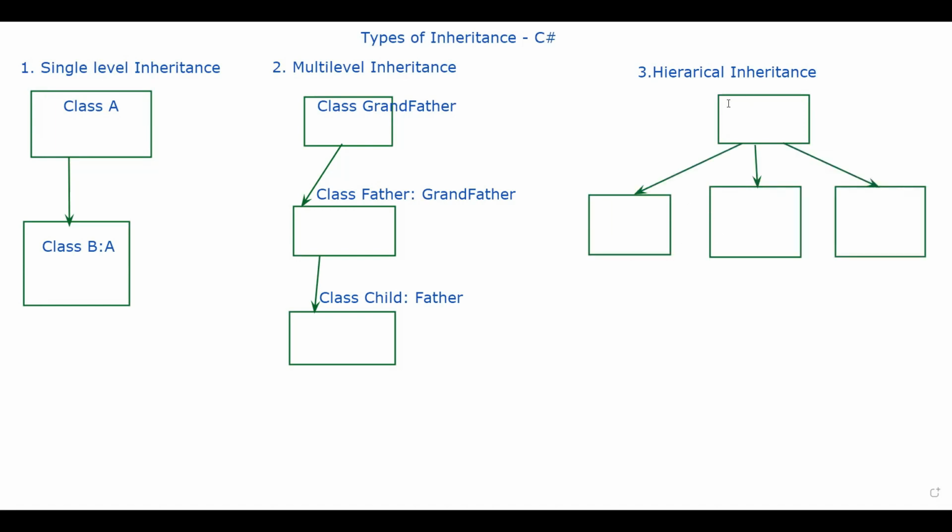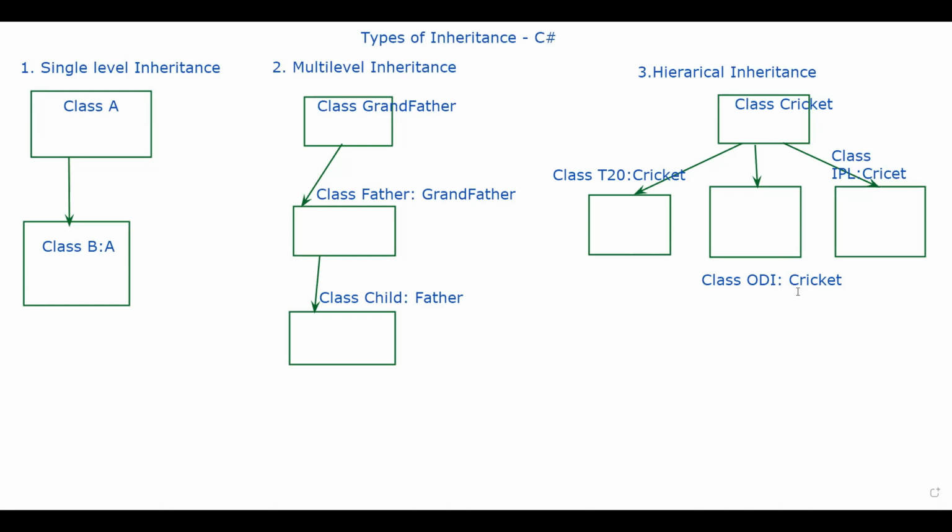For example, class Cricket, class T20 derived from Cricket, class ODIs derived from Cricket, class IPL derived from Cricket. A single base class for multiple child classes, we'll call a hierarchical inheritance.